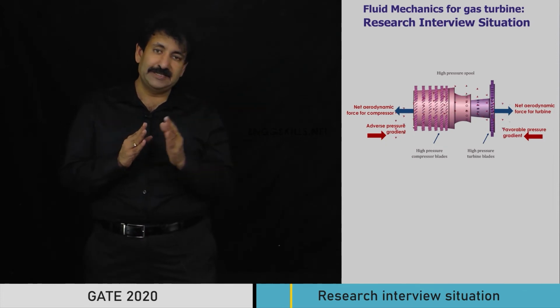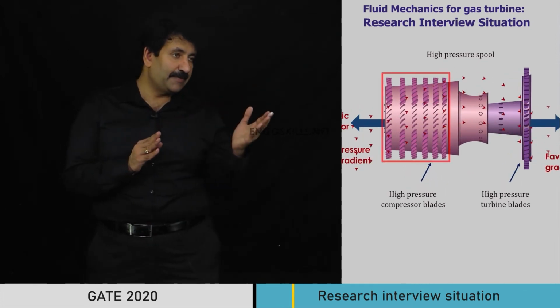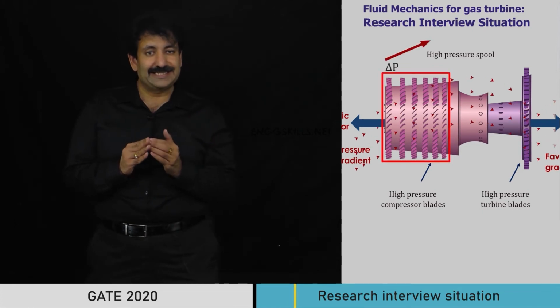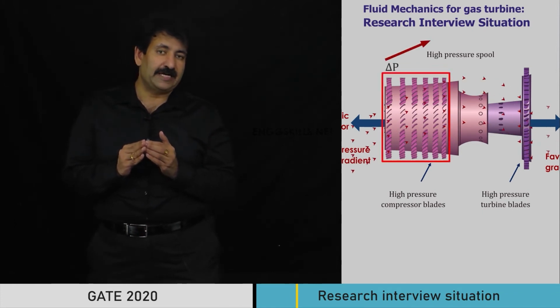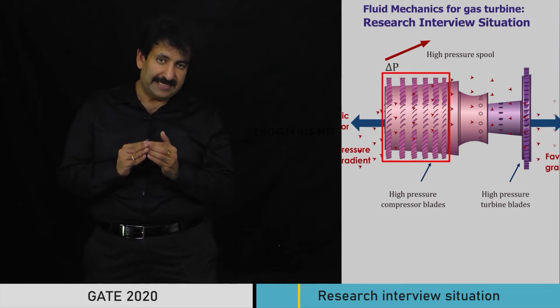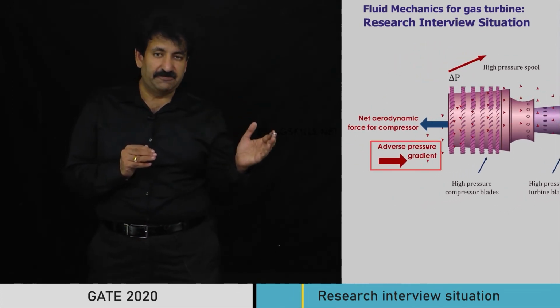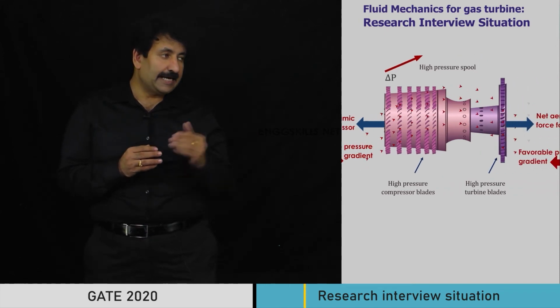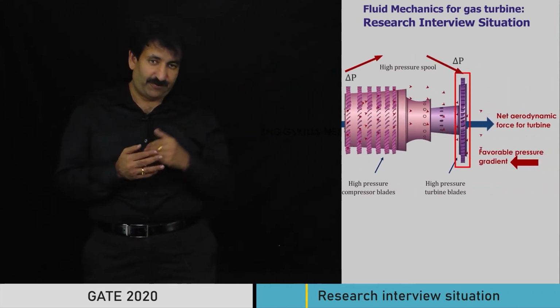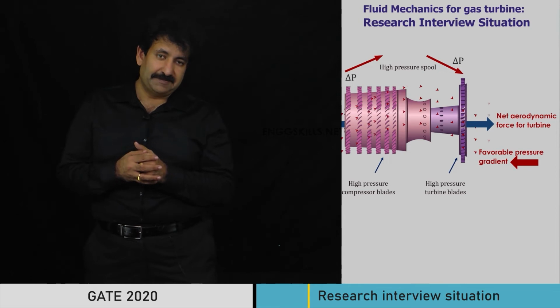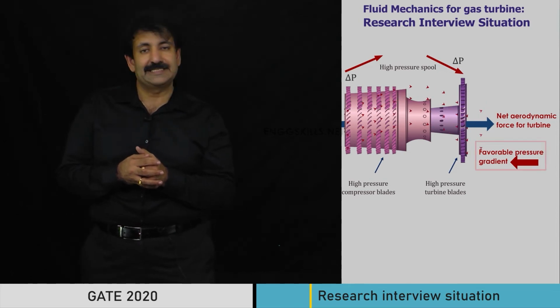Now the first reckoning is obvious. If you look at the compressor, the pressure is continuously increasing. Therefore, from the language of fluid mechanics, you can say that the compressor is subjected to adverse pressure gradient. Across the turbine, the pressure is falling. That means it is subjected to favorable pressure gradient.